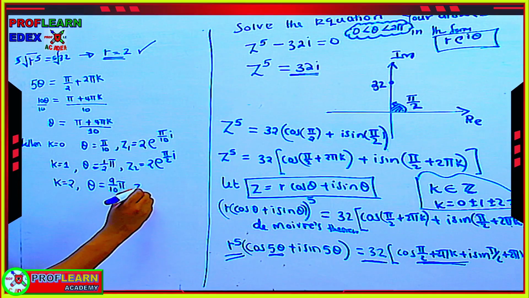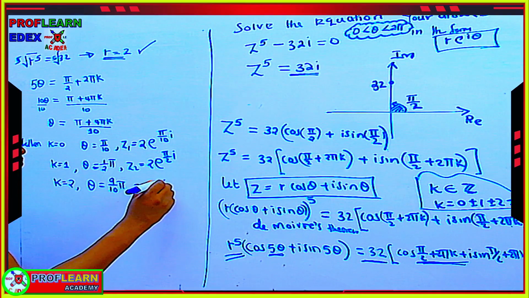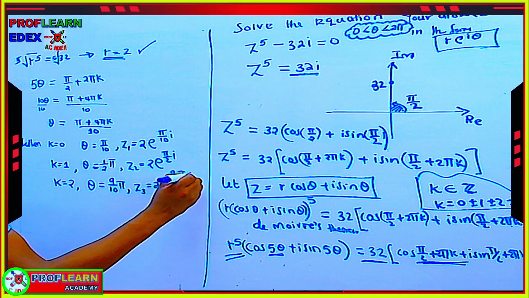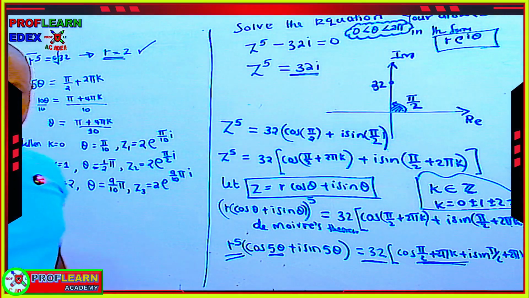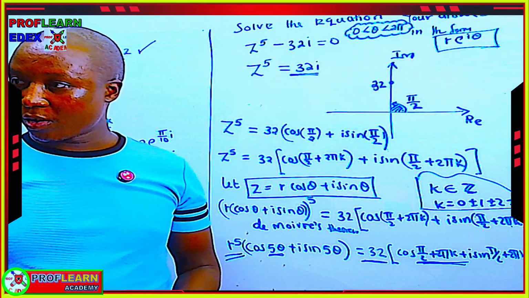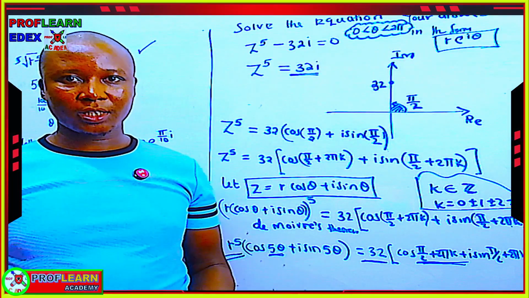Therefore, z3 is going to be 2e^(i 9 pi/10). Up to that point, I believe we are together. So when you are finding complex number roots, you have to take note of that.